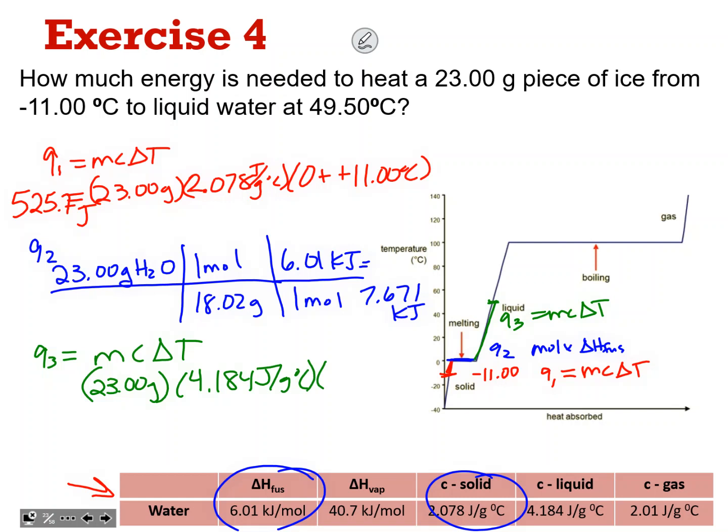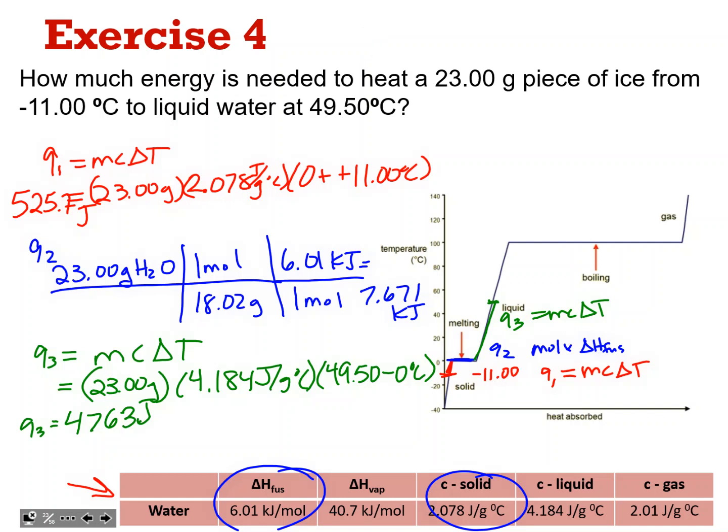And the temperatures are now different. We're starting at 0 and we're going to 49.5, so 49.5 minus 0. So this, of course, ends up giving us a new number. And we get joules, right? That's our Q3.